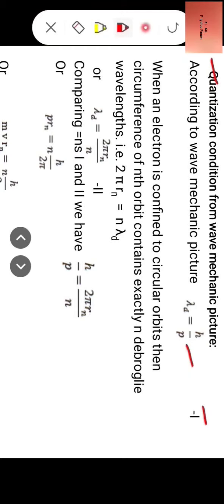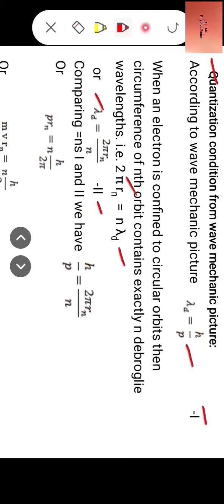Now when an electron is confined to circular orbits, then the circumference of the nth orbit contains exactly n de Broglie wavelengths, that is 2 pi rn is equal to n lambda d, where 2 pi rn is the circumference of the nth orbit and lambda d is the de Broglie wavelength. Or from here we have lambda d is equal to 2 pi rn by n. Let us mark it as equation 2.